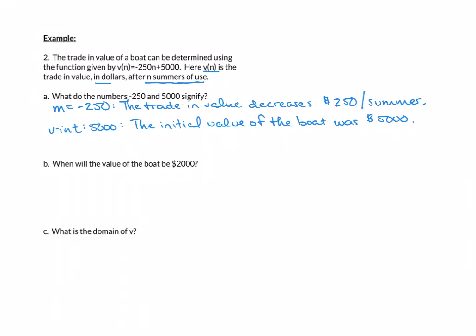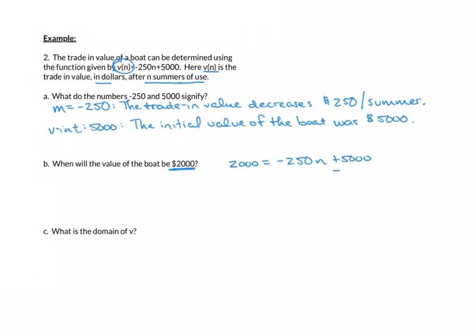Example B, we want to know, when will the value of the boat be $2,000? So where does this go in my equation? This is my value. So I want to replace my v of n with 2,000. We're going to replace the entire v of n, and now we want to go ahead and solve.